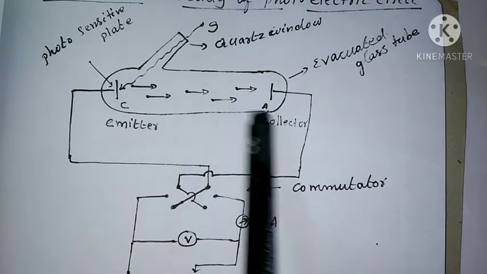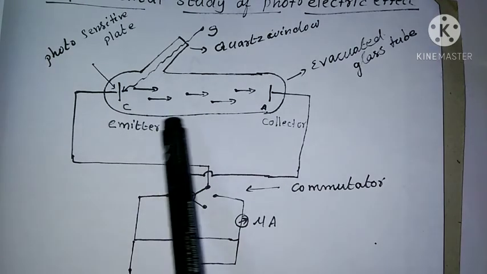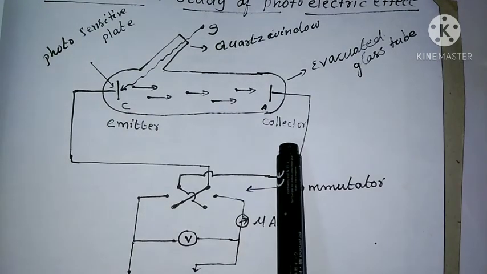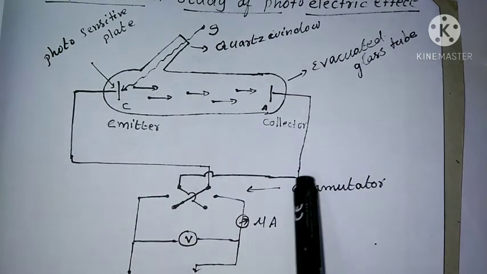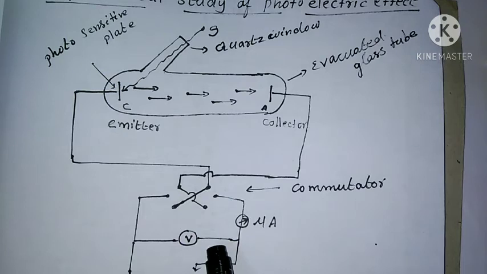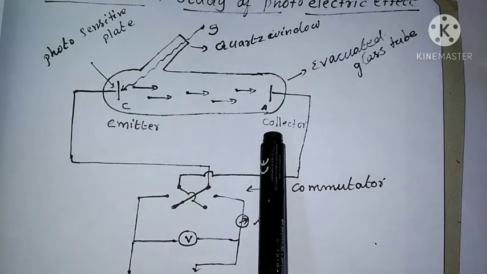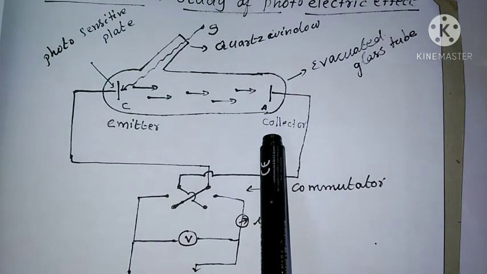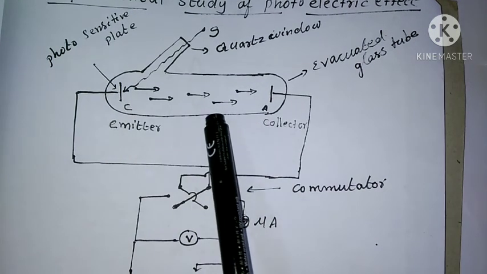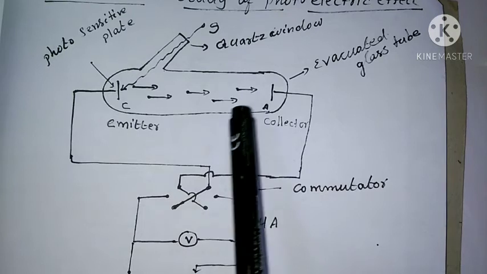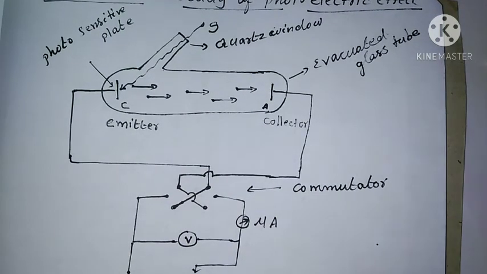When these two are equal, no electrons flow through the circuit. The electrons repel back because the collector is at a high negative potential, and then the photocurrent becomes zero.